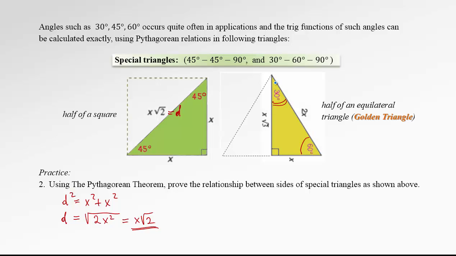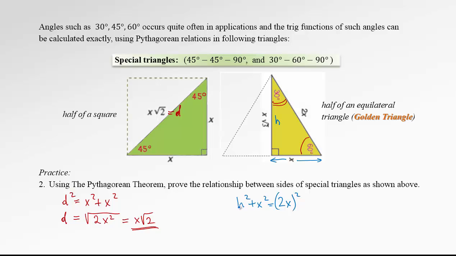Now let's prove the relations in a golden triangle. If we denote half a side of the equilateral triangle by x, then the full side is of the length 2x. Now we can mark the height of the equilateral triangle by h, and therefore from the Pythagorean equation applied to this right-angle triangle, we have h squared plus x squared equals 2x squared, right?